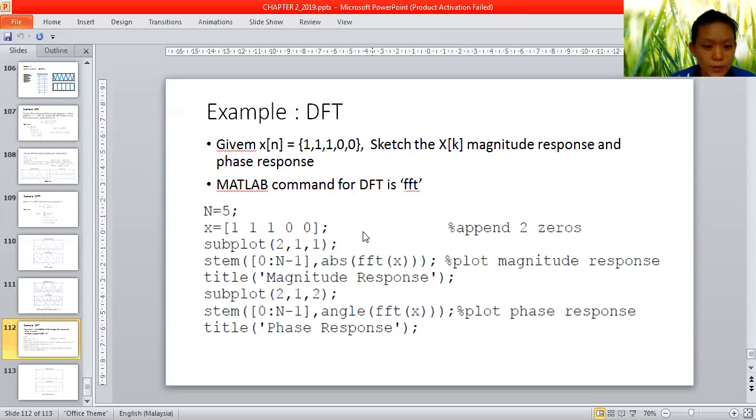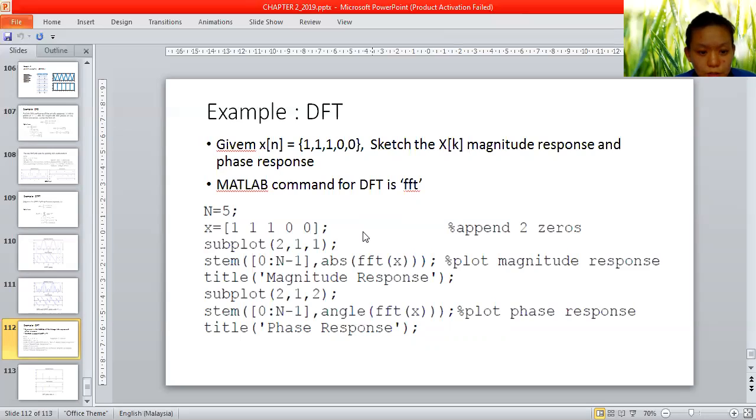Then we plot our graph in figure 1, subplot(2,1,1). Then we plot it with stem, because it is a discrete graph, from 0 until N minus 1. So this is our summation, n equals 0 until N minus 1. We take abs, which means our magnitude, of the fft function of x, and this is the graph for magnitude.